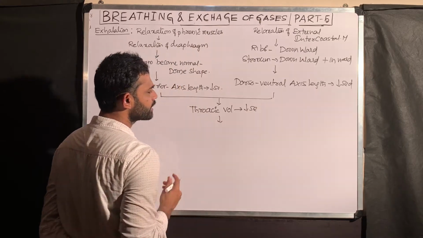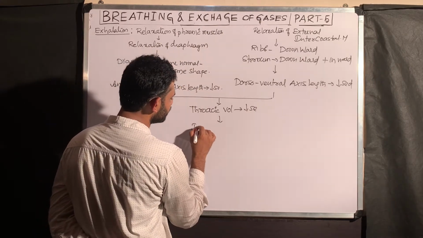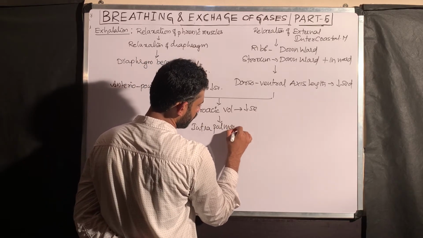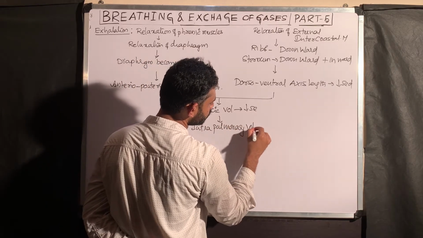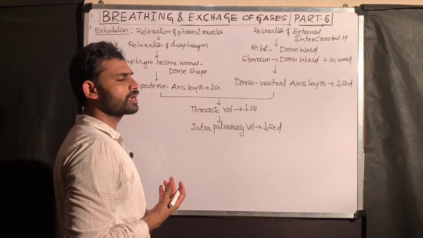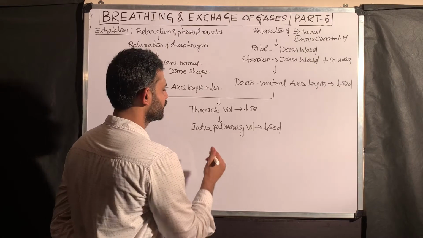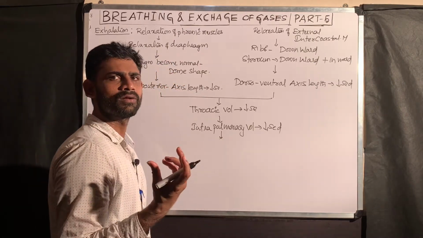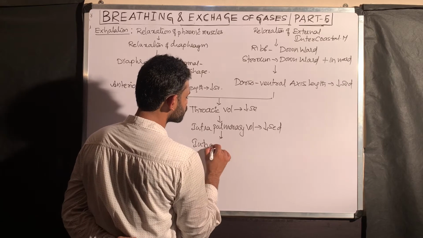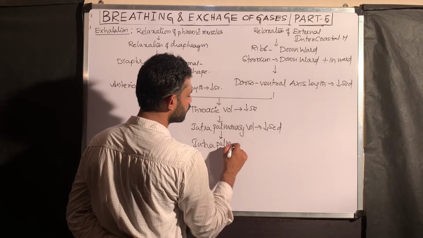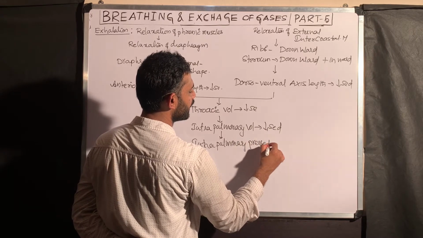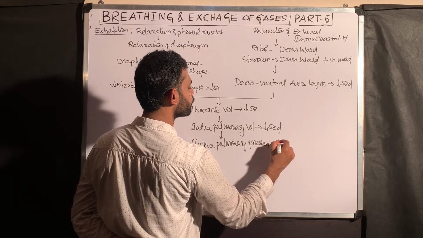The size decreasing means the intrapulmonary volume also decreased. That is why the thoracic chamber is called an air-tight chamber. Because space or volume is decreased, automatically what is happening? Intrapulmonary pressure is increased.